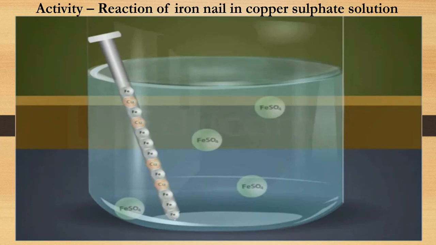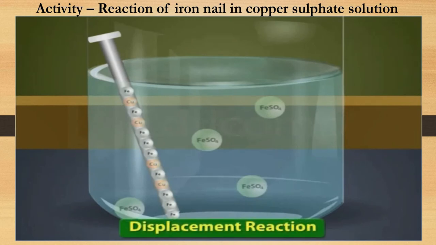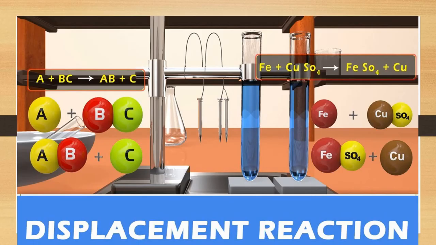This means that it is an exothermic reaction too. So such an example is a displacement reaction along with an exothermic reaction. Here we have seen iron displaced copper from its salt solution and form iron sulfate and copper.